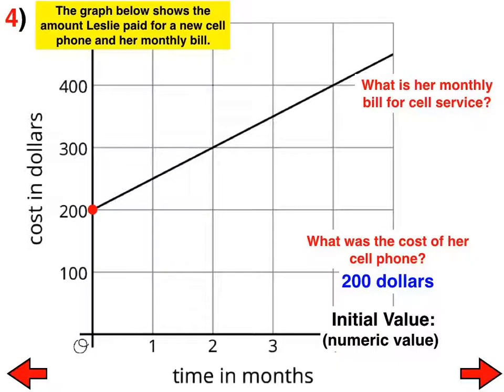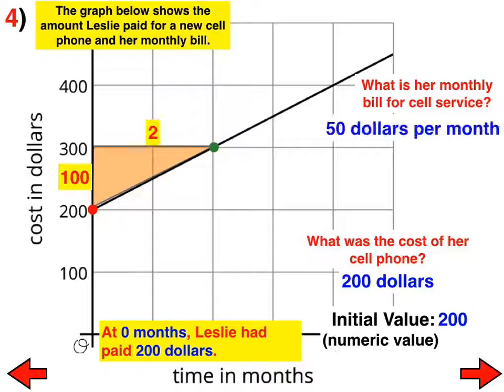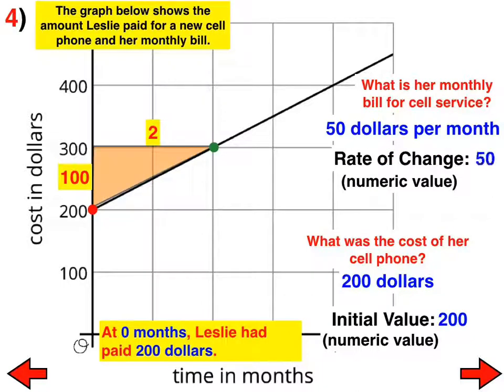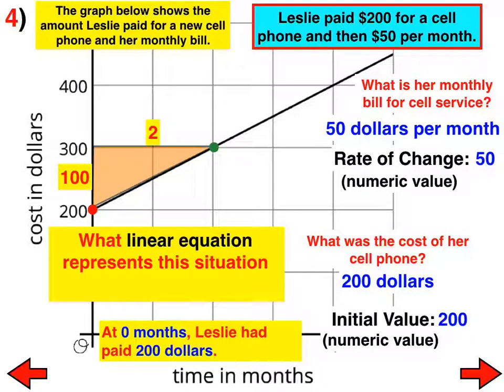Initial value as a numeric value only is 200, and then we need to find the slope to figure out what her cost is per month, and that looks like 100 over 2, so $50 per month is her monthly bill. As a numeric value only would be 50, and if you were asked for the equation, that, of course, would be y equals 50x plus 200.